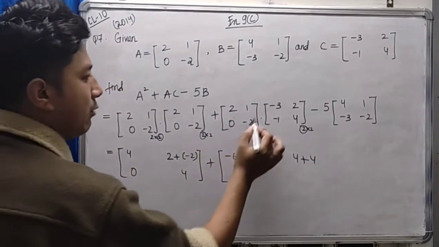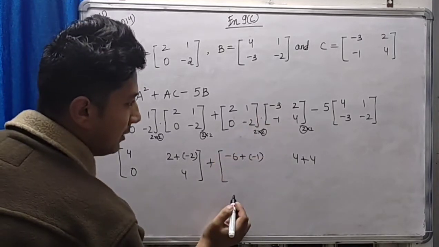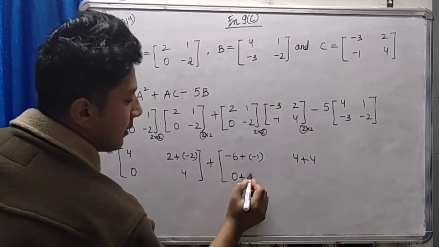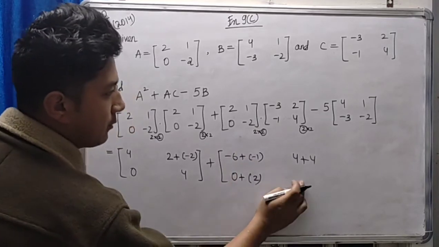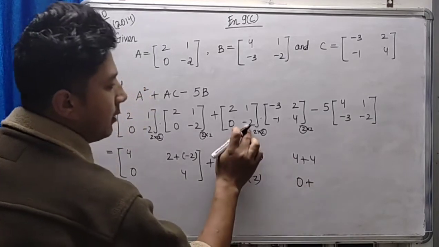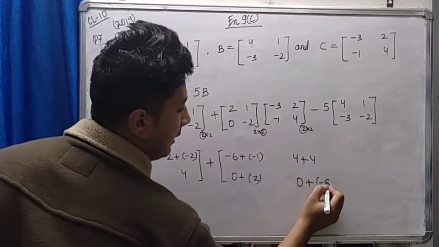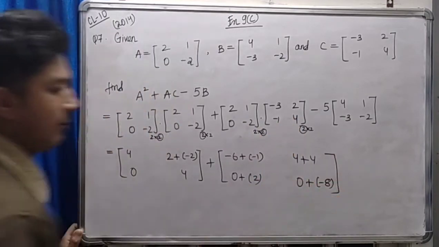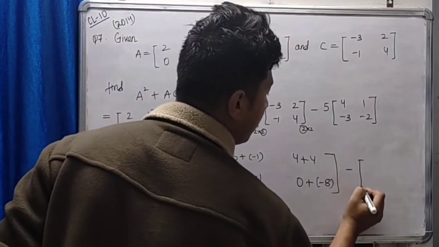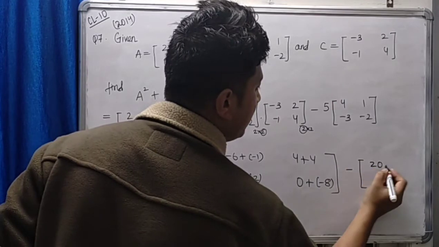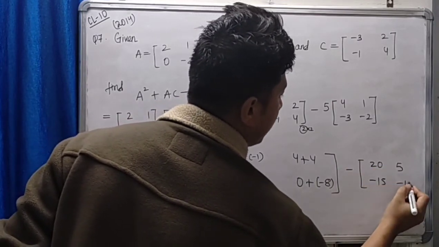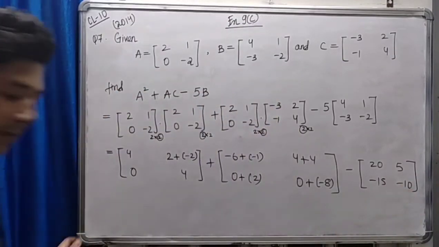Similarly with the second row, first column: 0 into minus 3 is 0, plus minus 2 into minus 1 is 2. The last one: 0 into 2 is 0, plus minus 2 into 4 is minus 8. So matrix multiplication is done in this way. And then the last matrix is minus, multiplied with 5: 5 4s are 20, 5 minus 15 is minus 15, minus 10. So we will be getting it like this.